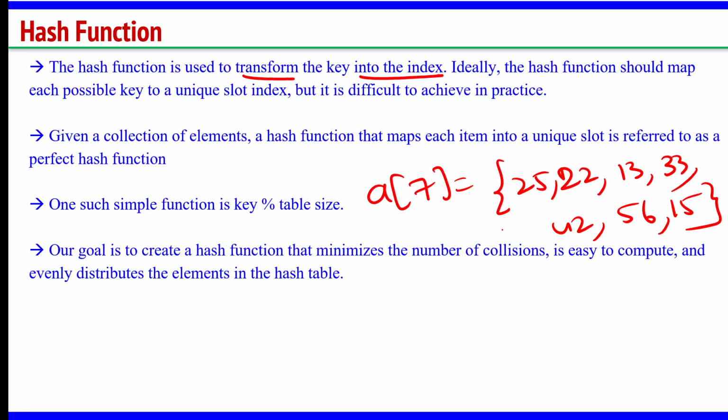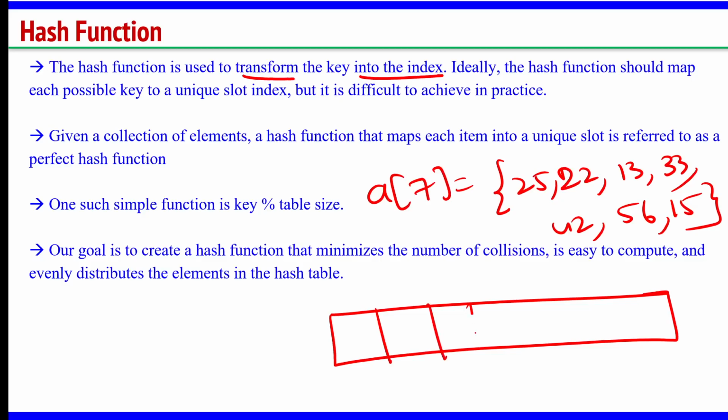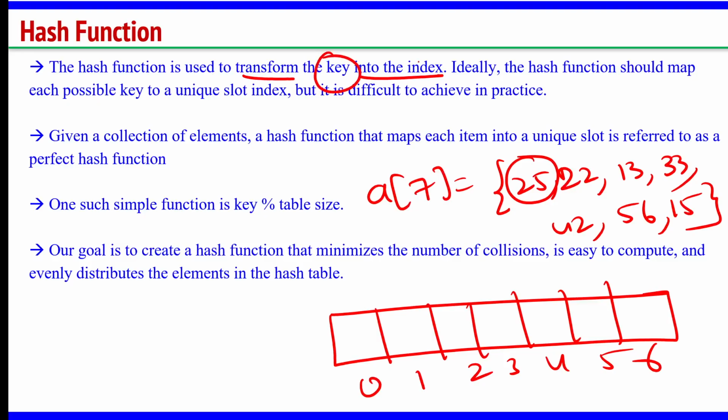I want to store them in a hashing table. I have some keys here. Where should this 25 go? The hash function transforms the key into an index, so 25 should be converted to some index. The hash function helps in that.